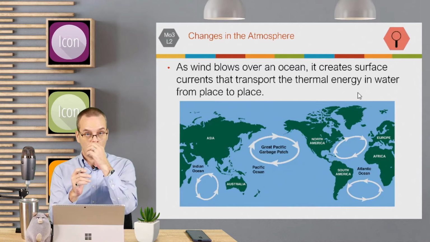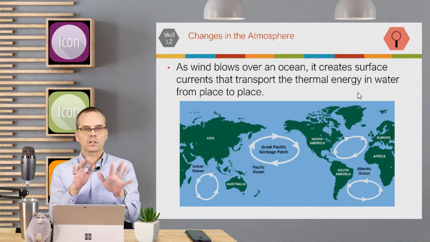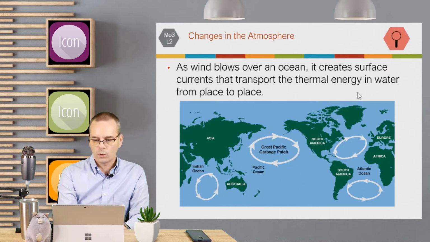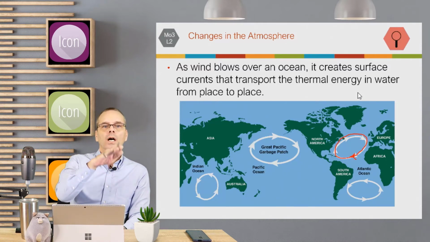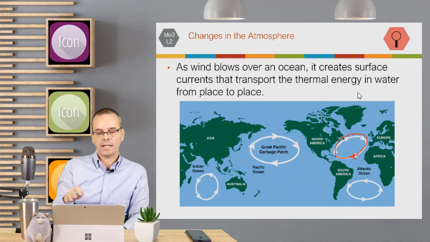Now, as wind blows over the ocean, right, it creates what we call surface currents. And those surface currents will move thermal energy around the planet. It will move cold and hot water around, which can also change the temperature of the water.